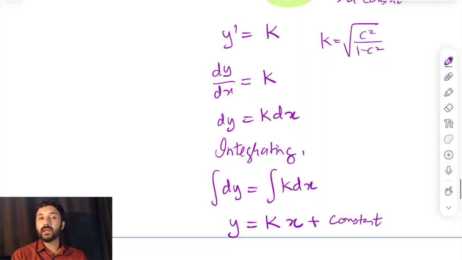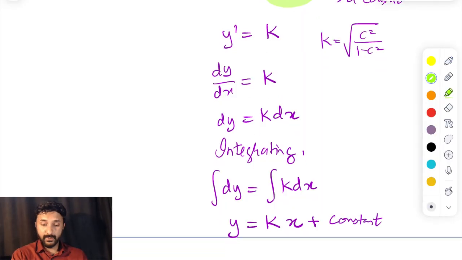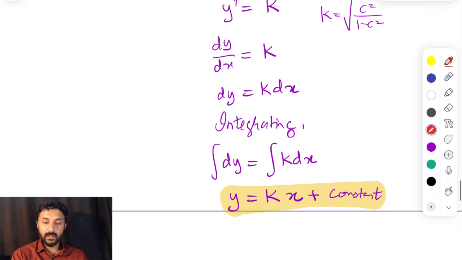Now what is this? What we have arrived at is the solution, and the solution seems to be nothing but a linear equation. So we can clearly identify that this is a linear equation of two variables, y and x, whereas everything else is a constant. K is a constant, and we have one more constant of integration.